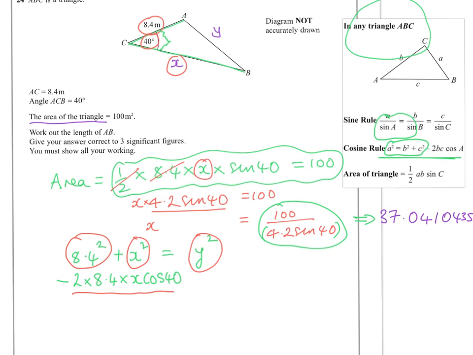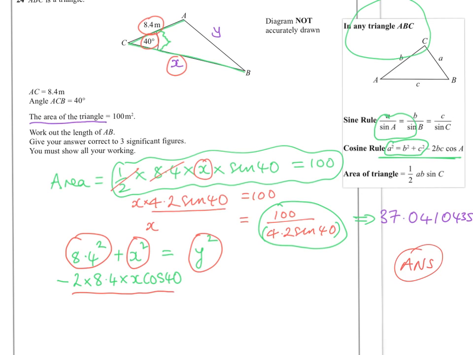And all I'm going to type in now is 8.4 here squared, plus, and then I'm going to type in ANS, which is this button here on the calculator. It's like so. Some of you may have it, you may not. Squared.